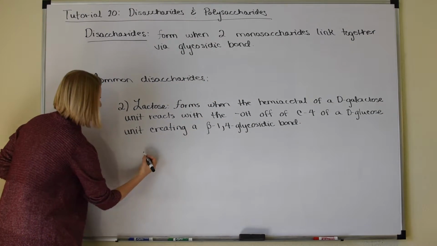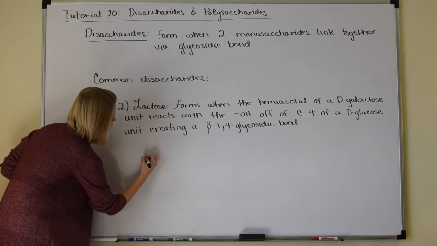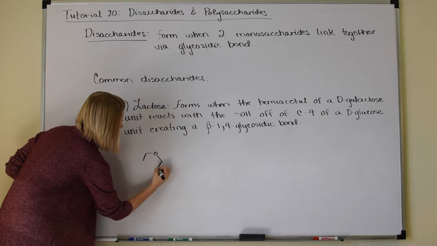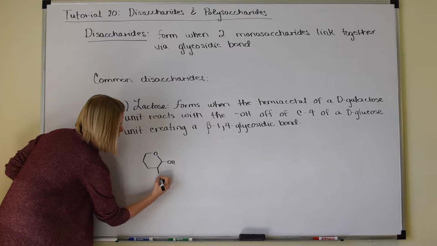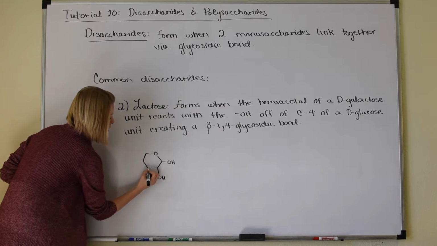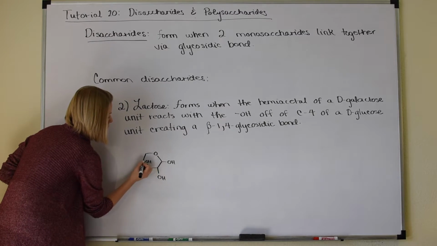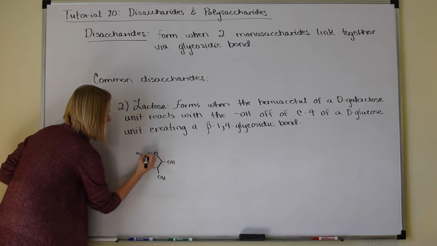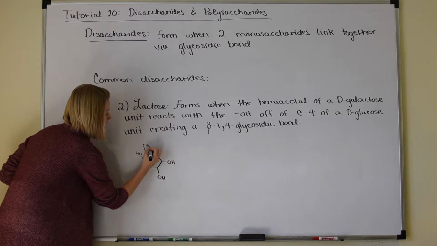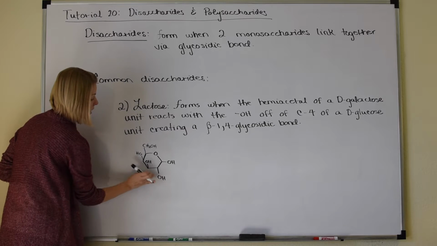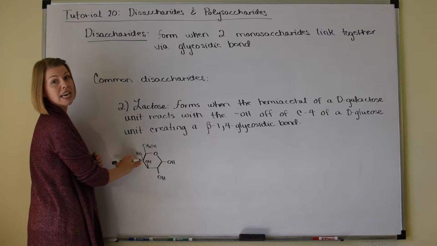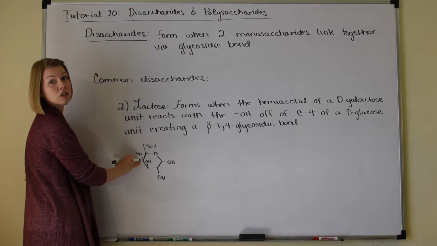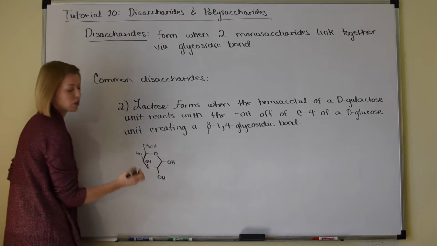So starting with D-galactose, which has down, up, up, and then a CH2OH. Remember that the orientations of these alcohols is relevant to the identity of the monosaccharide.